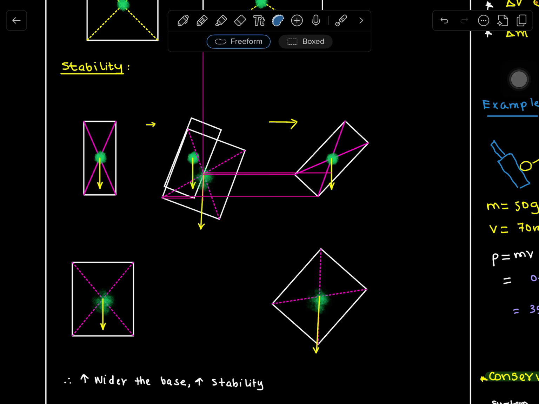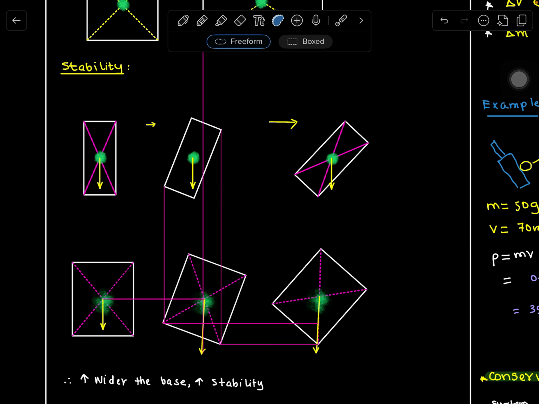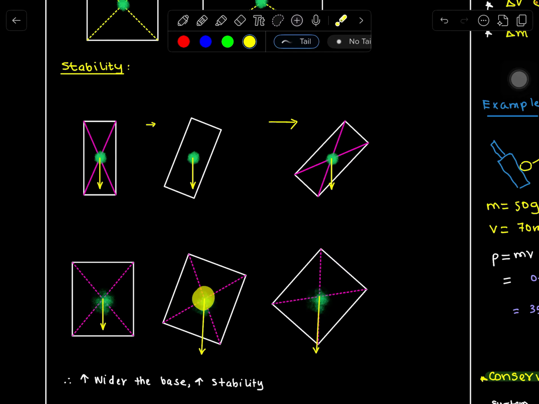That surely means that the force caused the motion to be the same, but still the center of gravity of the bigger bottle lies within the baseline of the object, so it will come back to its original position. Even with this bigger force, this center of gravity lies within the baseline, so the object will be stable and it won't fall down.